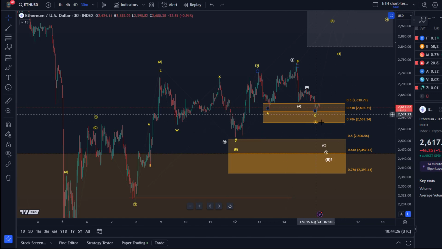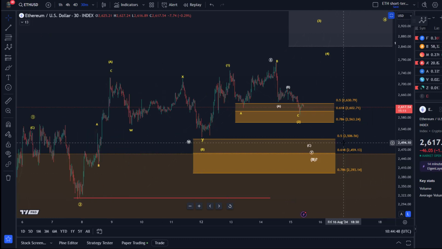I think it's worth being skeptical about Ether's ability to hold the upper support region, so a break lower would not be surprising. But that would simply bring us back into the support region for the B wave, which presumably bottomed on the 12th of August. So it's between 2,393 and 2,506.